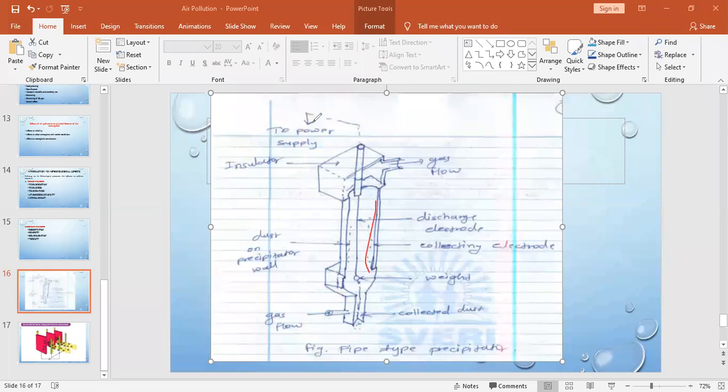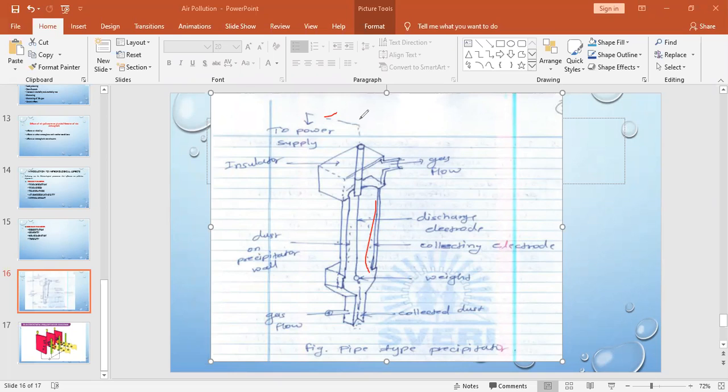In that period, you need to disconnect the power supply, the cleaning period. During the collection period, you need to connect the power supply, and during the cleaning period, you need to disconnect.